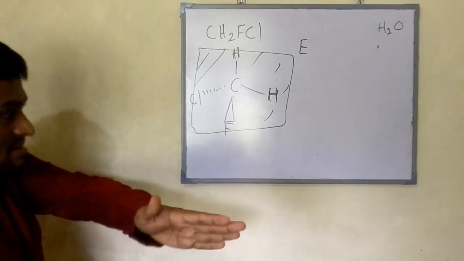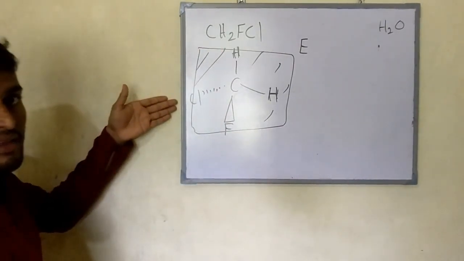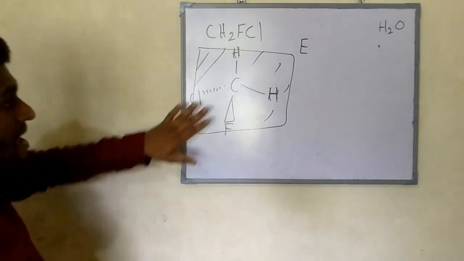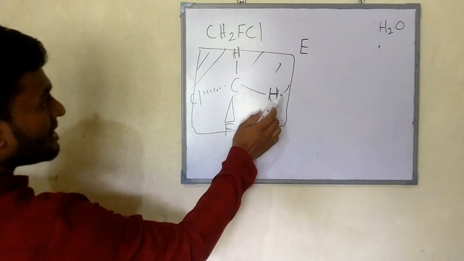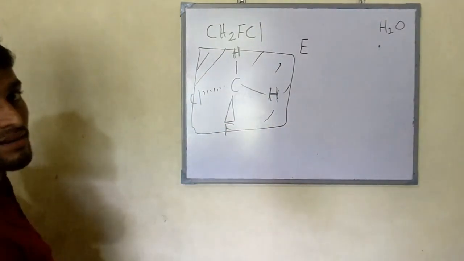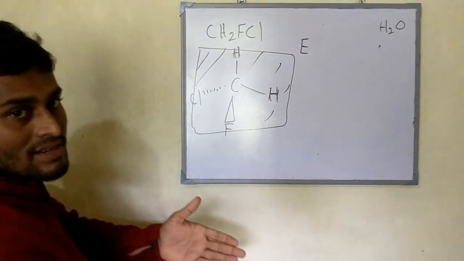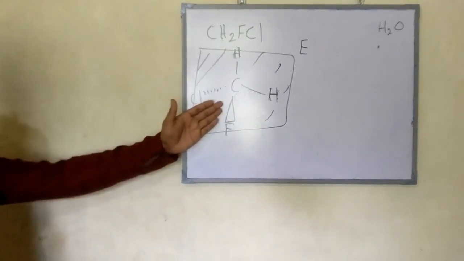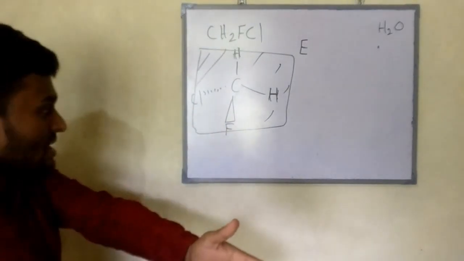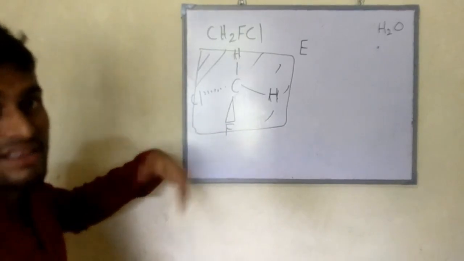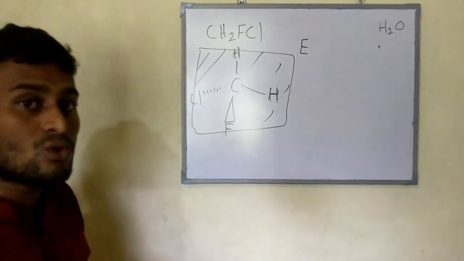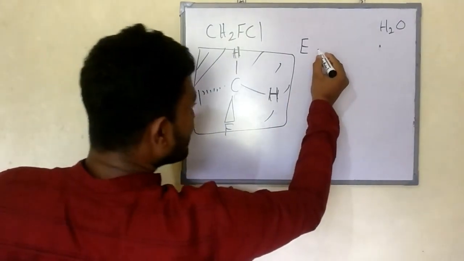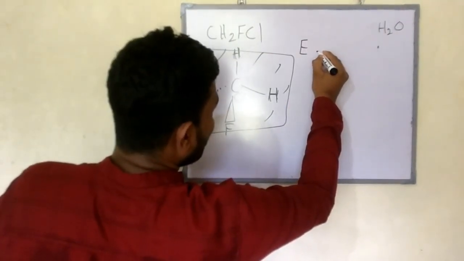And one F is there, the other Cl is there in the inside. You can separate the molecule into two halves, because these two hydrogen atoms will be cut in half. Here also F is in the outside, chlorine is in the inside. So the molecule can be cut into two halves. So there is a plane.